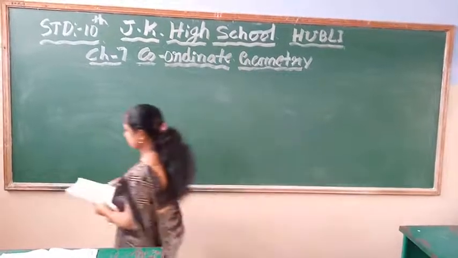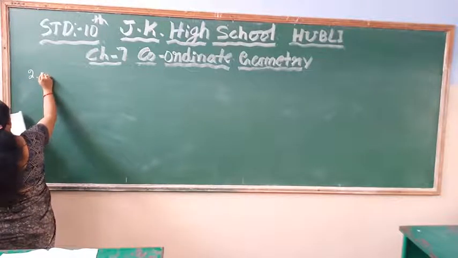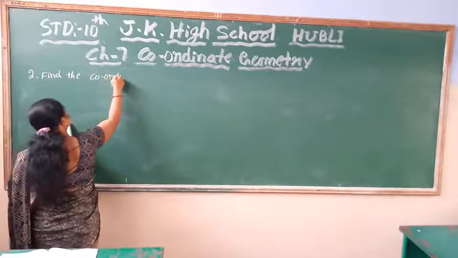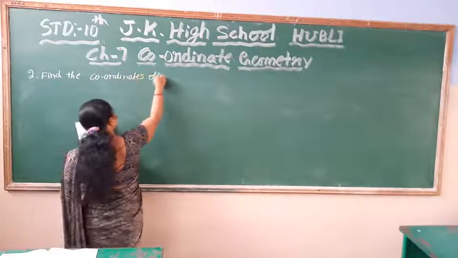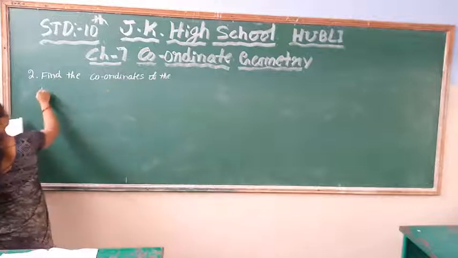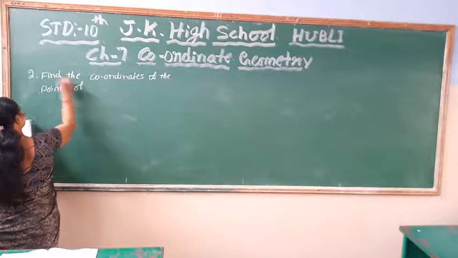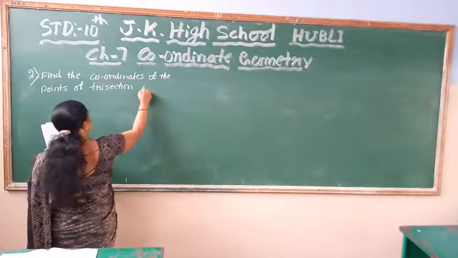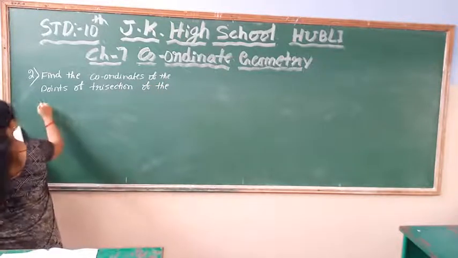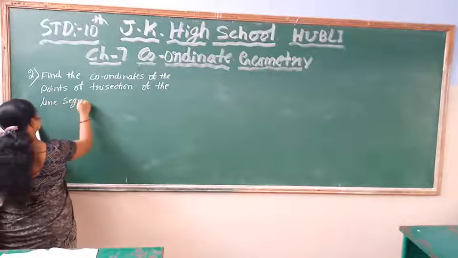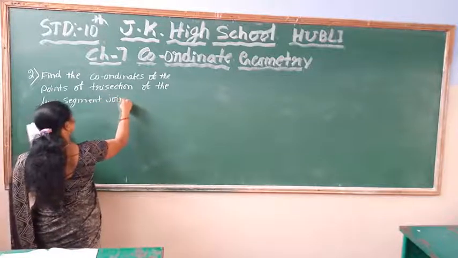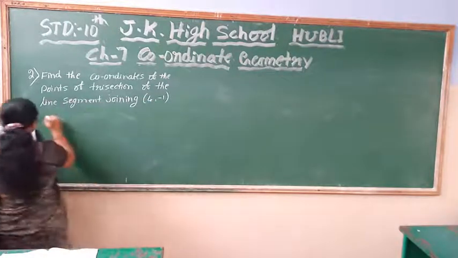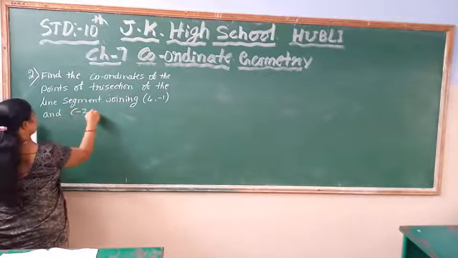Children, the second question is: find the coordinates of the points of trisection of the line segment joining (4, -1) and (-2, -3).